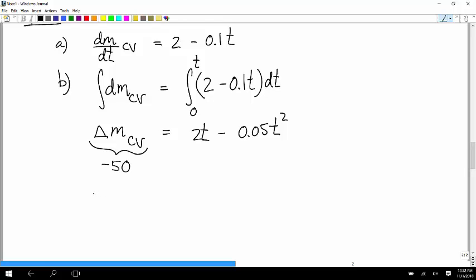So you can write this as 0.05 t squared minus 2t minus 50 is equal to 0. And if you solve that, I only wrote down one of them, so I suppose one of the roots was probably negative, but you get that t is equal to 57.42 seconds.